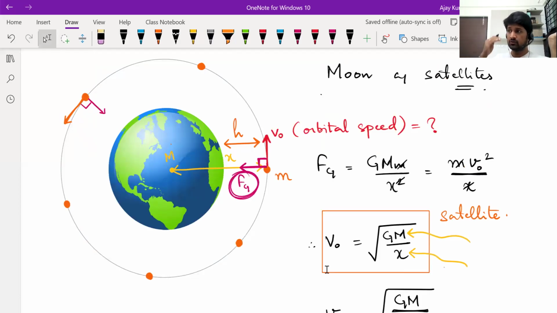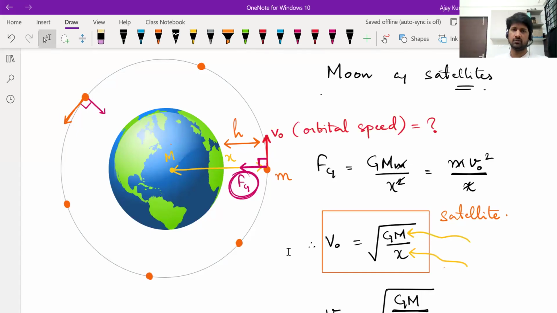Then you will have to set the satellite in such an orbit where it will also have a time period of 24 hours so that the Earth's rotation and the satellite motion will be in sync with each other, synchronized. Such satellites are called geostationary satellites. We'll discuss them. So the time period of revolution of a satellite around the planet is also important.